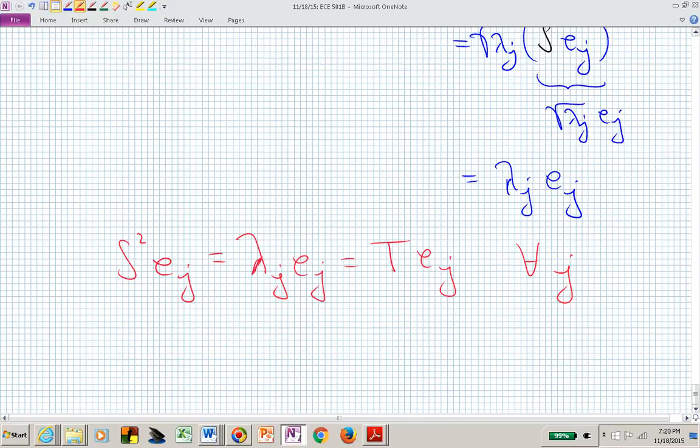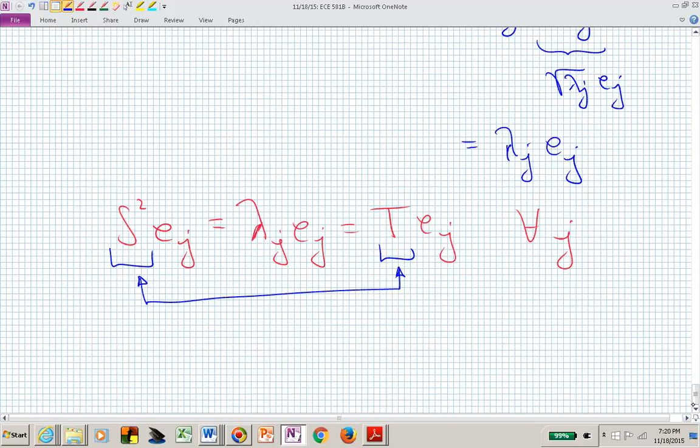And now if we simply look at the leftmost expression and the rightmost expression in that equation, we can see then that T is equal to S squared, or S is in fact a square root of this linear operator T.